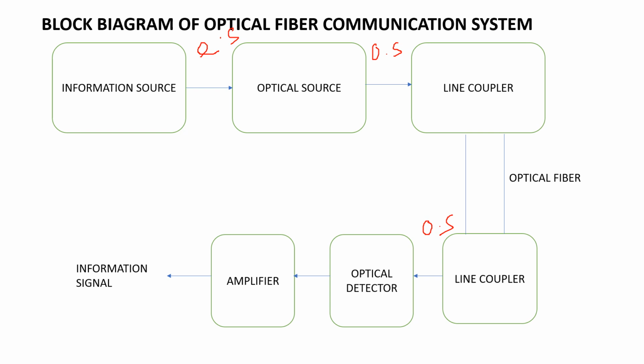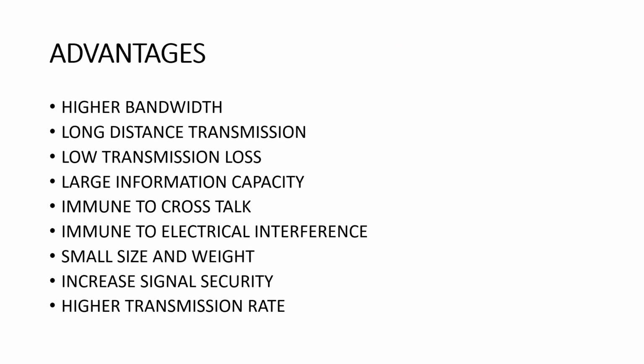Now we will study some of its advantages. The first advantage of the optical fiber communication system is higher bandwidth, as the frequency range of optical fiber is from 10 raised to power 4 to 10 raised to power 7 gigahertz.